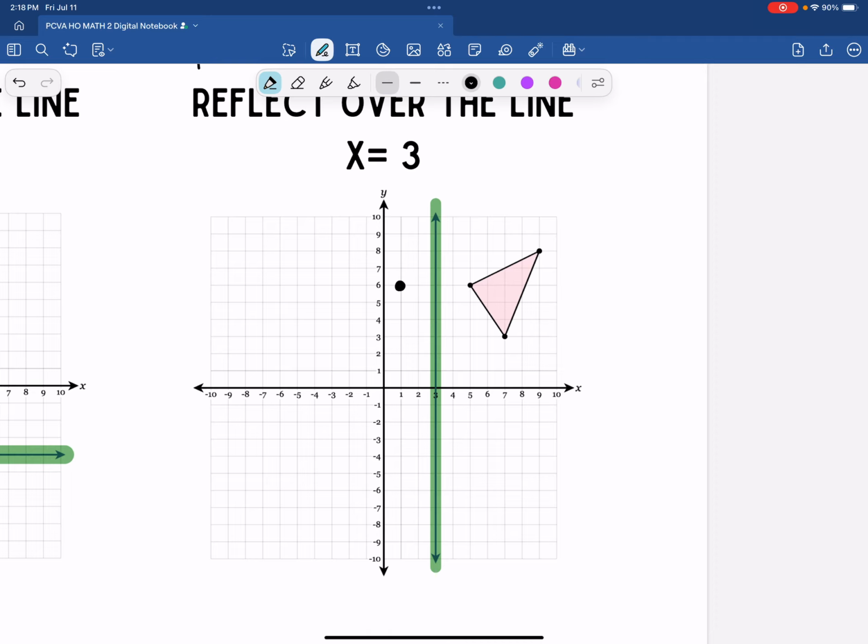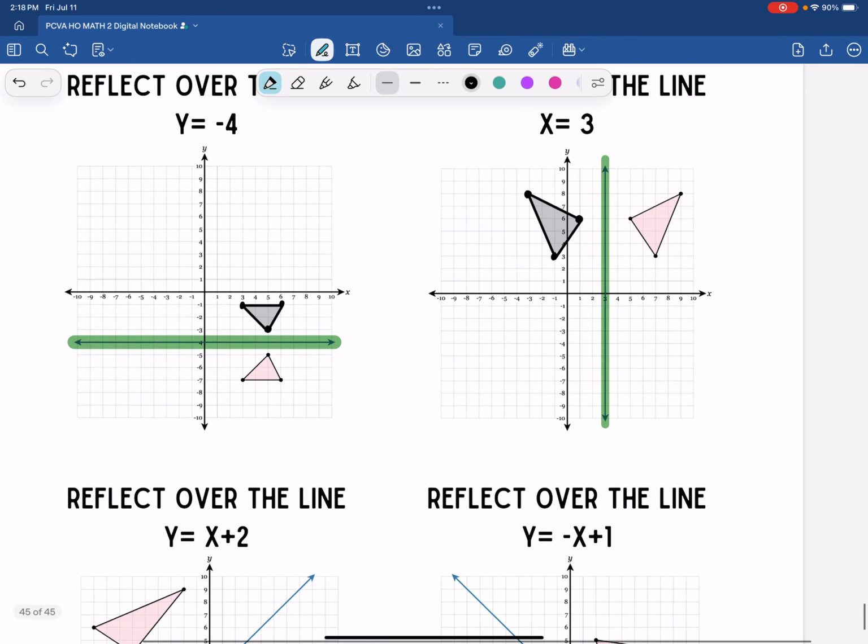So this point right here, we're going to go opposite of that, 6 units on the other side. 1, 2, 3, 4, 5, 6. All right. And then I have this point right here, and then we're going to go 4 units. 1, 2, 3, and then 4. And then if I connect that, I should see that I have my reflection over that line y equals 3.